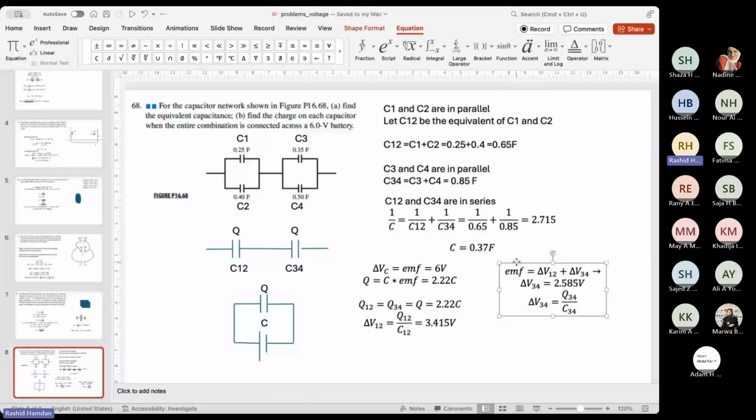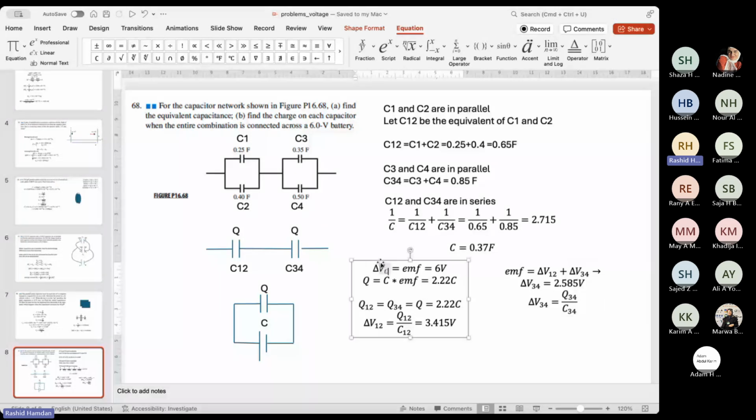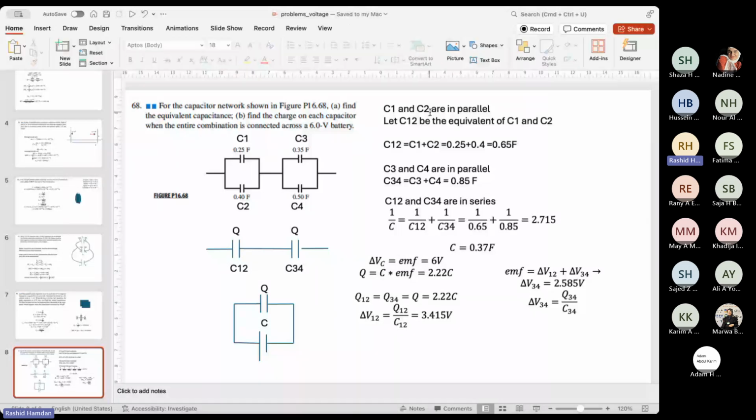Now I want the charge on the original capacitors 1, 2, 3 and 4. C1 and C2 were in parallel, so they have the same voltage as their equivalent.